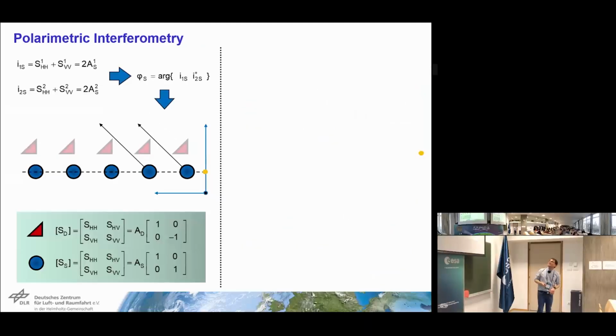You take the first acquisition, the sum HH plus VV, second acquisition, HH plus VV, and then you make interferometry. Now the interferometric phase is related only to the location of the spheres. So it will give you a height which is here. The dihedrals are not there anymore.